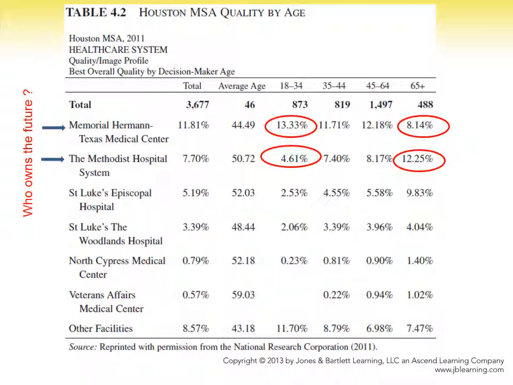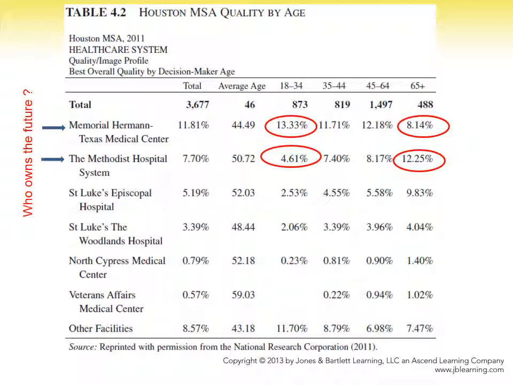As a matter of fact, they were ranked third among 65 and over. But they've done something and intervened, and you can see in that 45 to 64 and backwards, they are building a base of patients and building a reputation for today and the future.